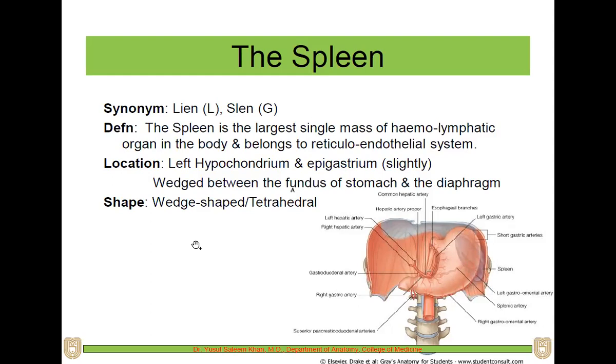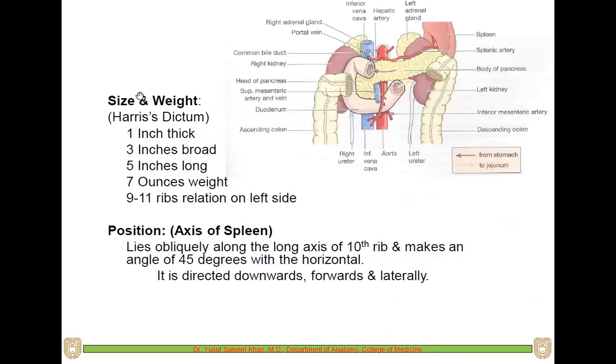The shape of the spleen is almost wedge-shaped, or also called tetrahedral. Its size and weight are remembered with a dictum called the Harris dictum, which is 1, 3, 5, 7, 9, 11.